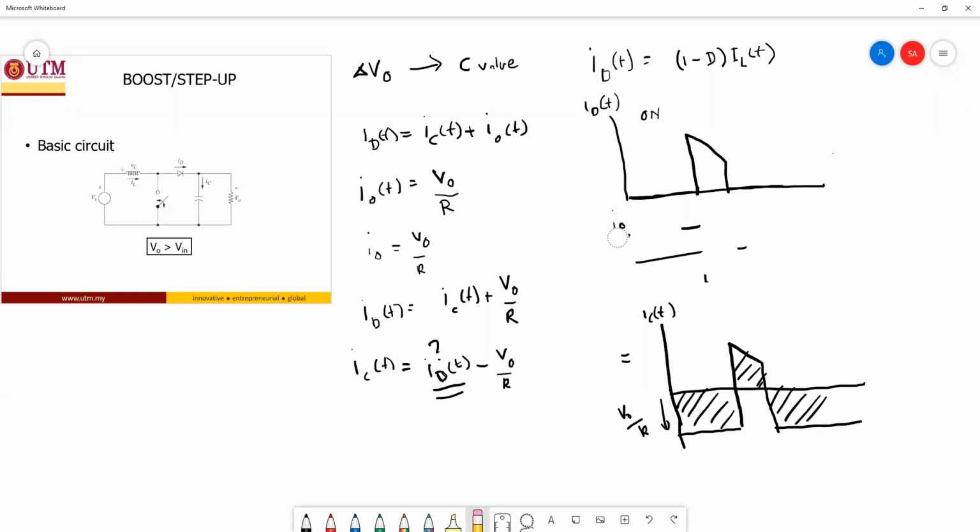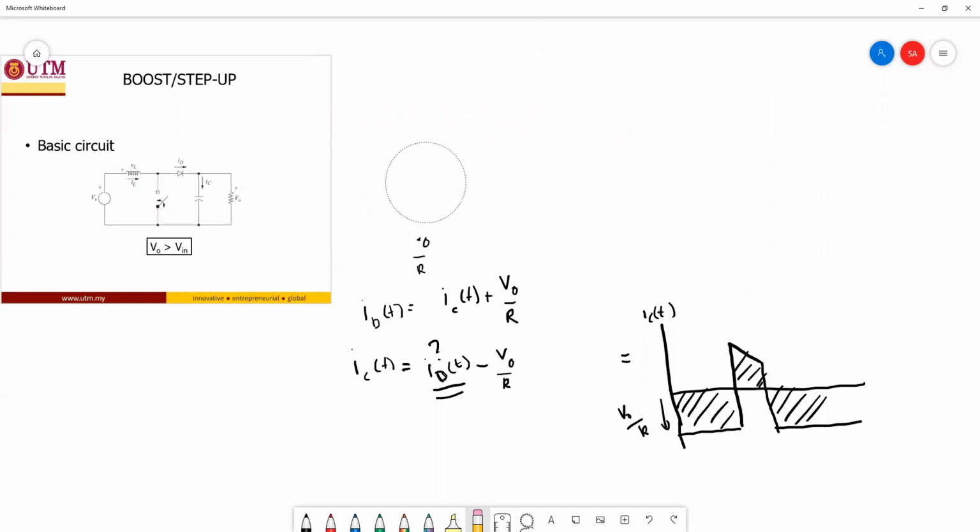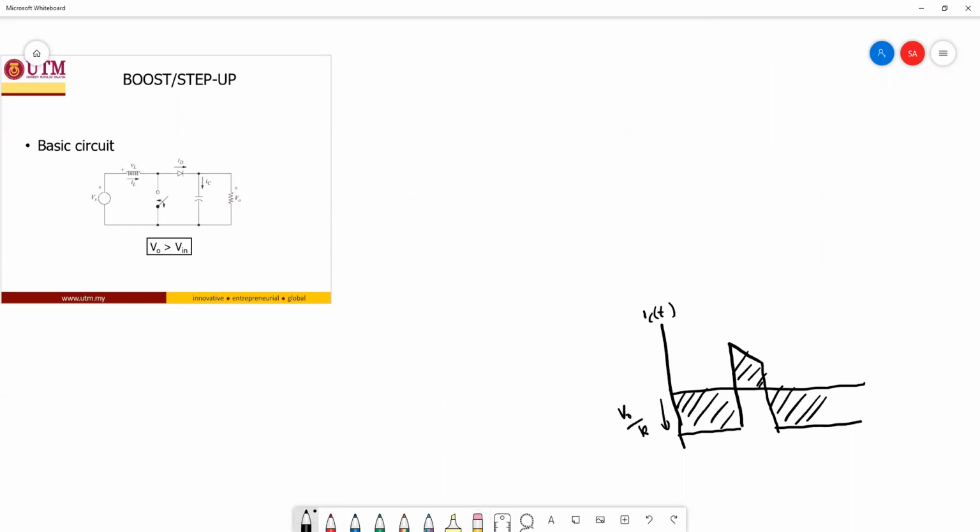I erase this waveform and we continue. We already know that the charge inside the capacitor is equal to the capacitance multiplied by the voltage across the capacitor, and the voltage across this capacitor is equal to the output voltage.